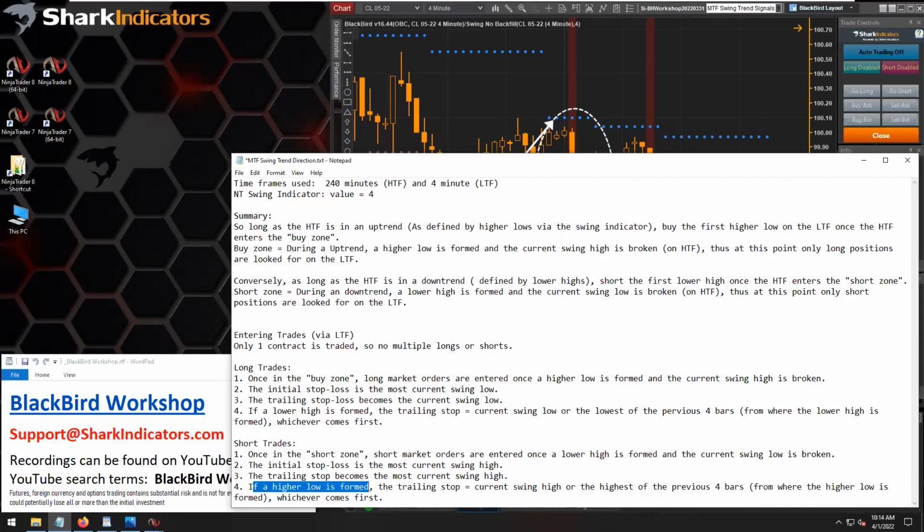So let's get into this part. Normally we're just going to trail the stop loss to the most current swing high. But then there's this "or," a secondary requirement. It says, "or the highest of the previous 4 bars from where the higher low is formed."